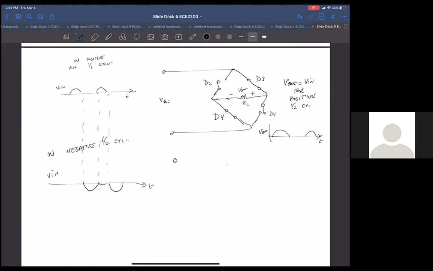If I was going to redraw this thing, now D2 turns on, D3 turns off, D4 turns off, and D1 turns on.